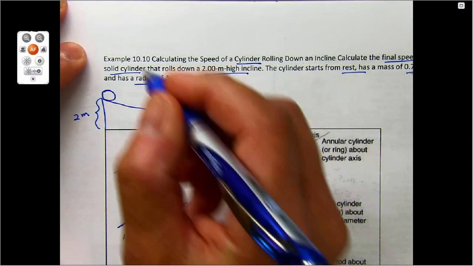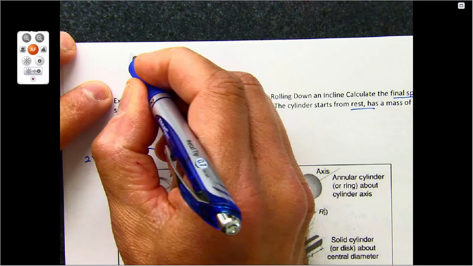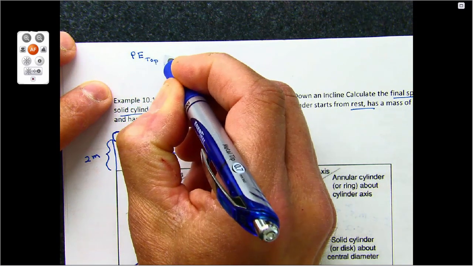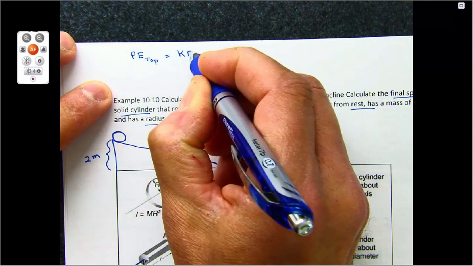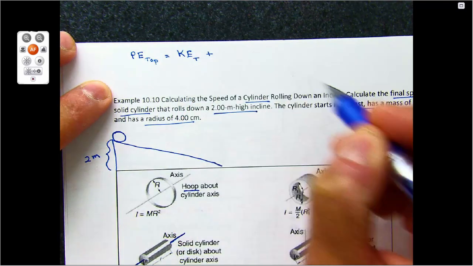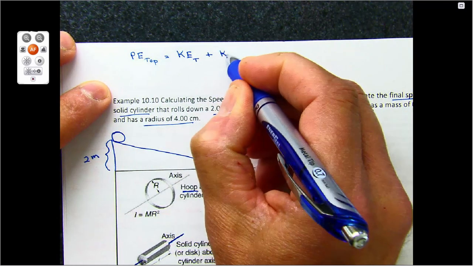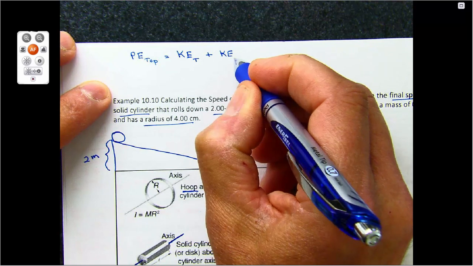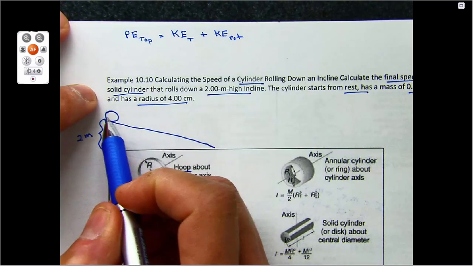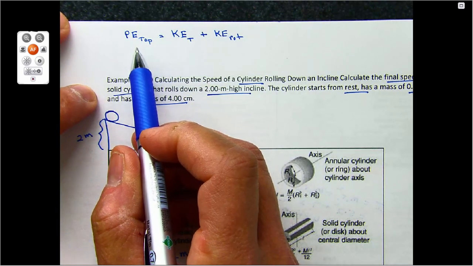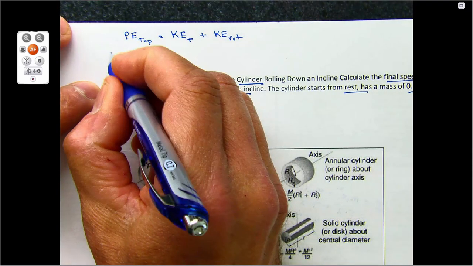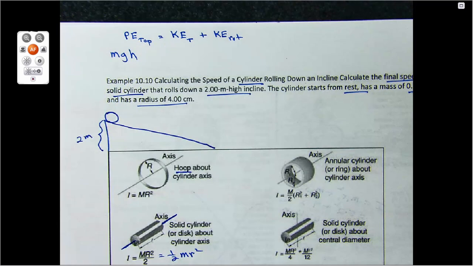So here's what we're going to have. We're going to have potential energy at the top is going to equal to kinetic energy, regular translational kinetic energy, plus rotational kinetic energy. It only starts up here with potential energy. So to develop this, we would have mgh, right?